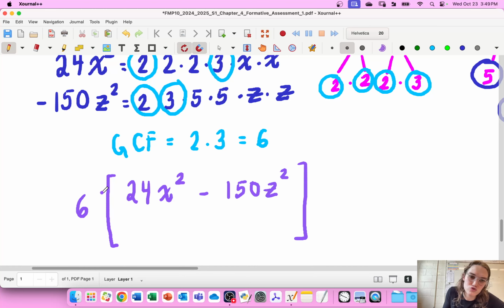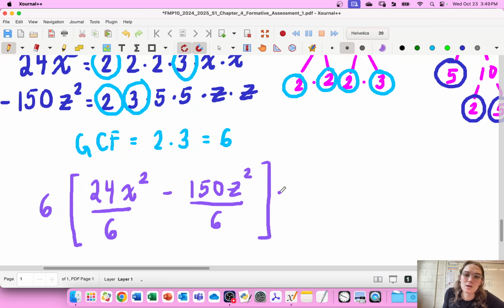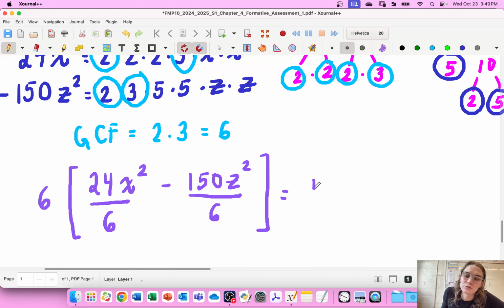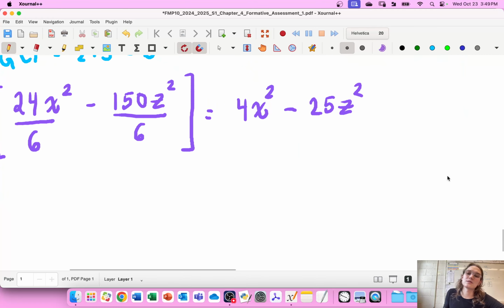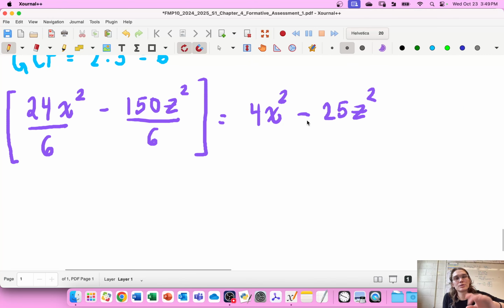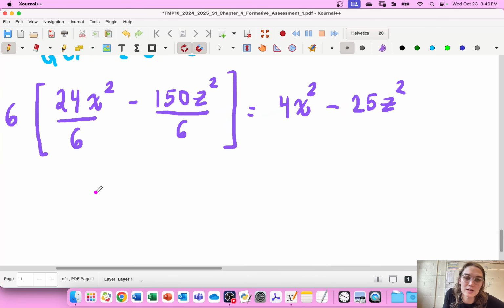So 4x squared minus 25z squared. And first of all, it's not a trinomial. I know I can't factor that by inspection, so that's out of the question. My only other question is basically, can it be difference of squares? Well, yes, it can.